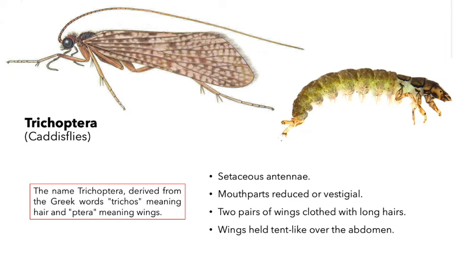The general characters of the order include hair-like antennae that are about as long as the body or sometimes longer. Some species have antennae that are much longer than the body. Wings are held roof-like over the back, highest above the center of the back and then sloping downward and outward.